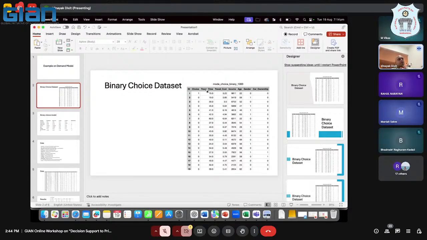In revealed preference, say if I come and ask you what mode did you choose, you will say train. All right. Then you'll give me the information on the train: travel time, travel cost. Then I'll also ask you what is your income, what is your age, what is your gender, and do you have a car or not?